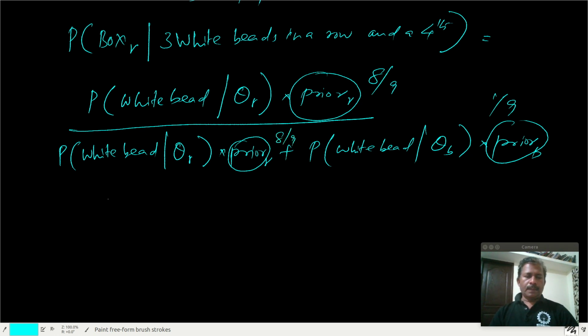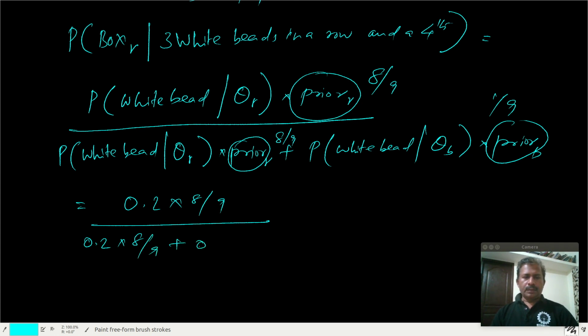So let's compute that. 0.2 multiplied by 8 by 9, divided by 0.2 multiplied by 8 by 9 plus 0.1 multiplied by 1 over 9, right?